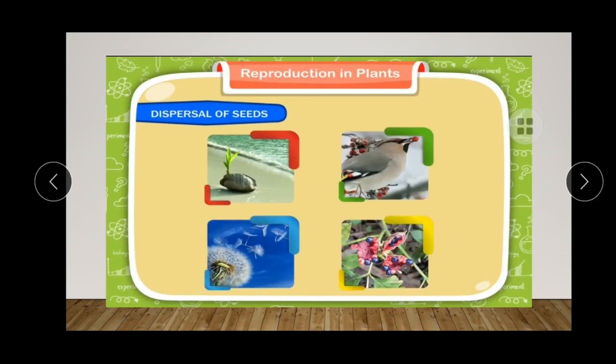The factors that help in dispersal of the seeds are water, wind, animals and explosion. I'm going to repeat: dispersal by wind, dispersal by water, dispersal by animals and dispersal by explosion.